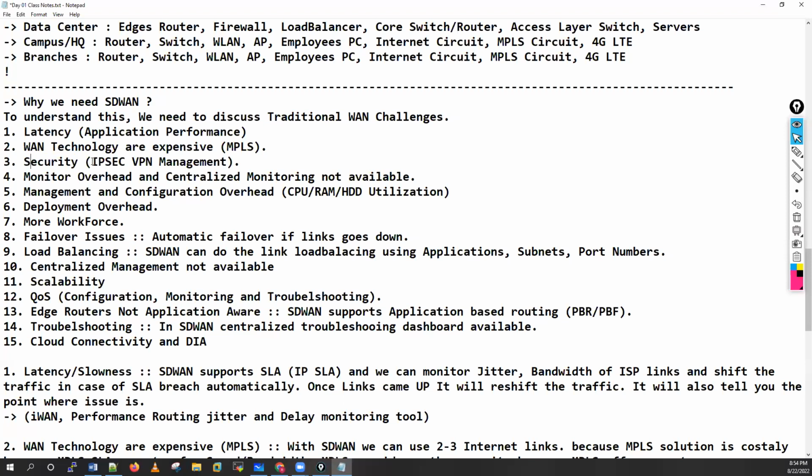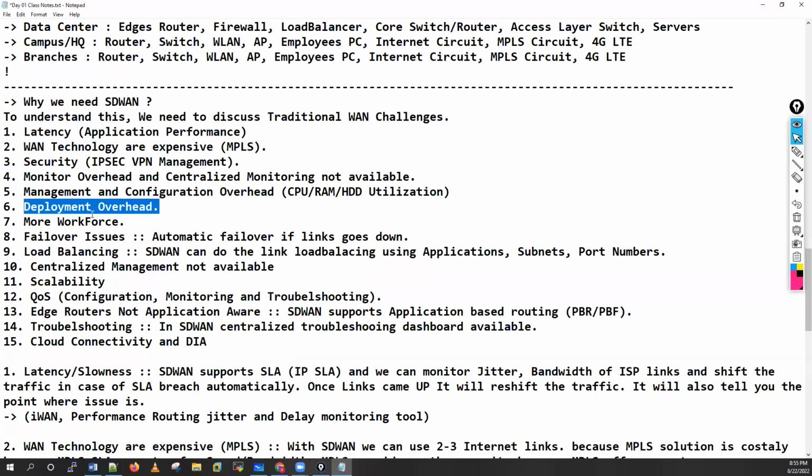We can achieve security with the help of VPN, but IPsec VPN management becomes very, very complex, guys. This is one of the challenges. There is monitoring overhead, and centralized monitoring is not available. There is configuration management overhead and deployment overhead: if you want to launch a few new sites, it will take months to bring the entire site up and running.